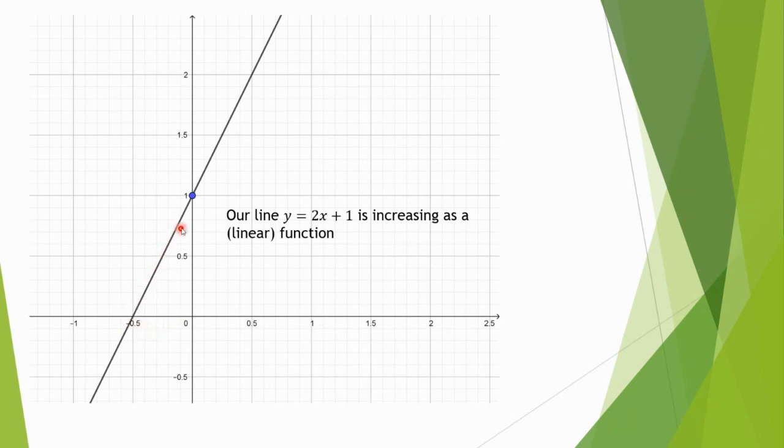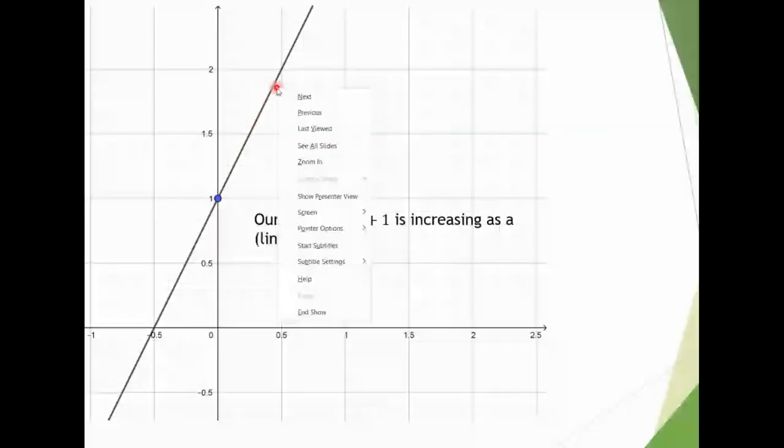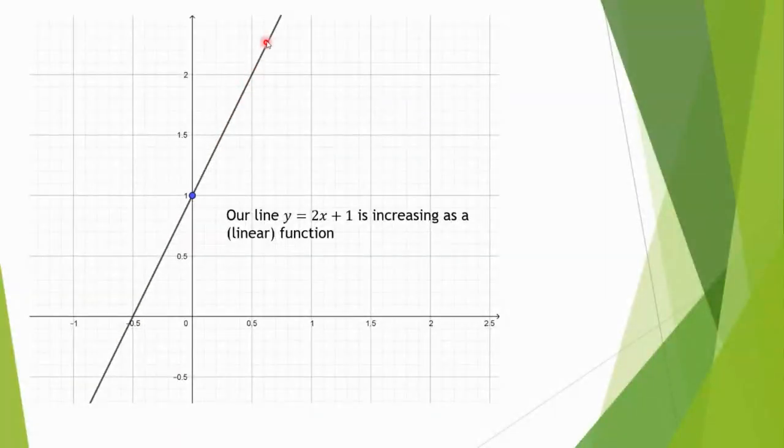It's going up. See? It's rising. It's climbing. This is increasing. We could have seen that without graphing it by looking at the slope. In other words, since the slope here, 2, is positive, that alone tells us the function is increasing.